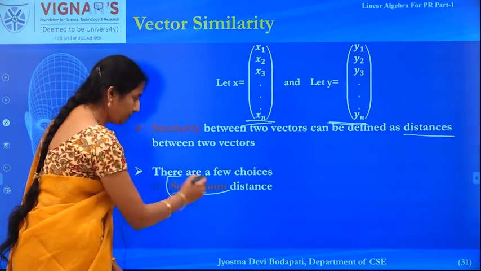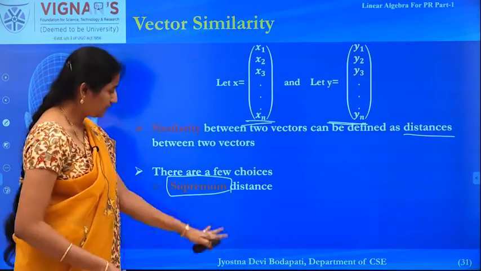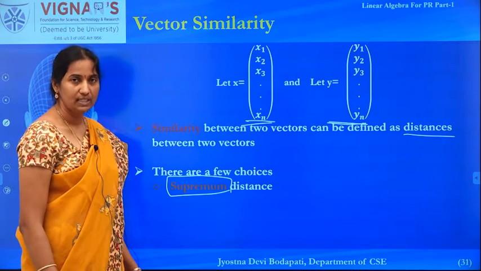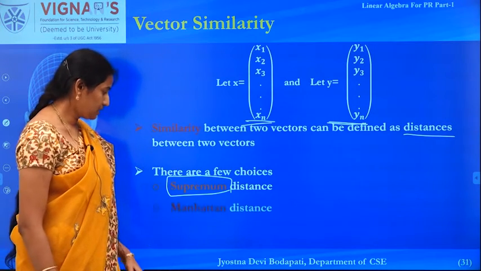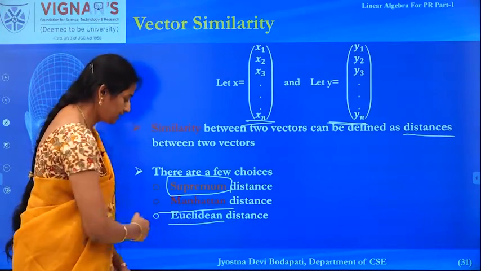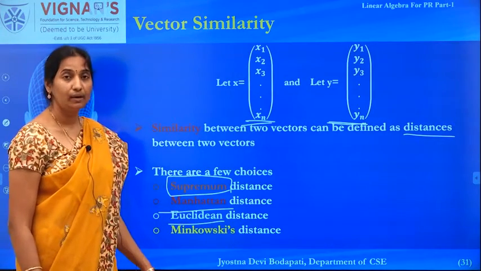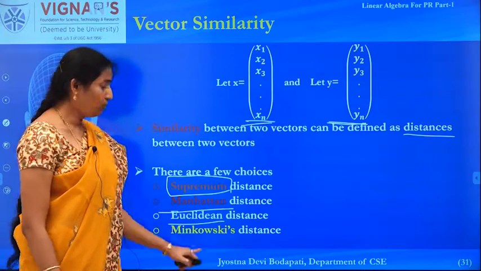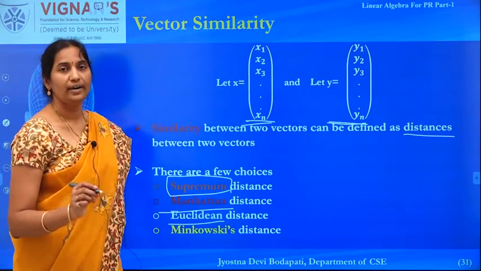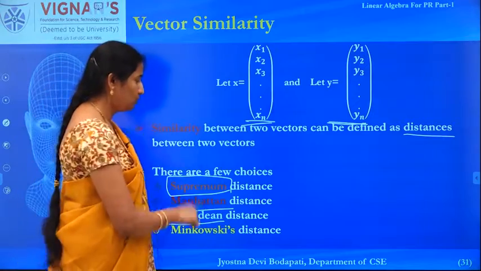This is a supremum distance. We will see in detail what these types of distances are and how to compute them. So we have the supremum distance, then the Manhattan distance, then the Euclidean distance, and we also have Minkowski's distance. These are the four possible ways to compute the similarity or the distance between two vectors.